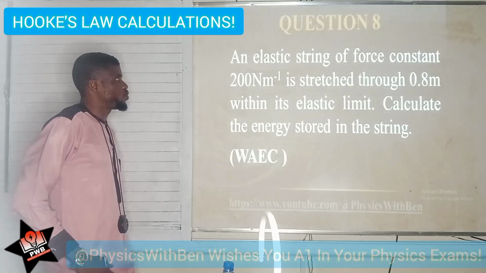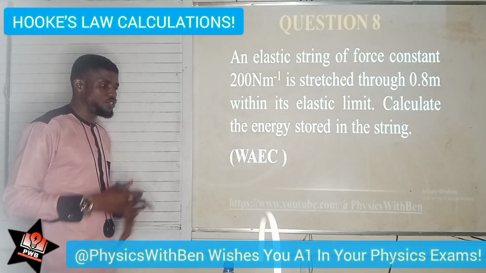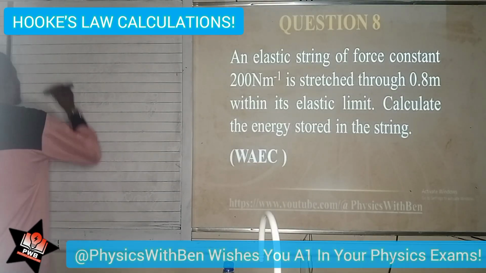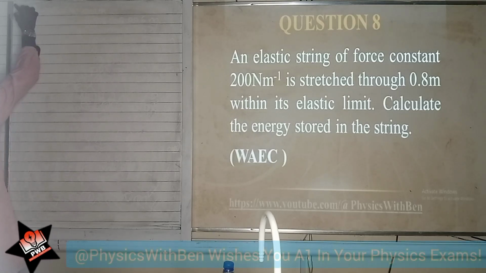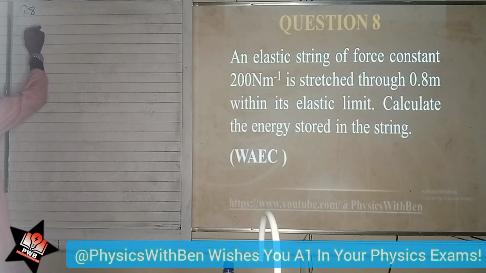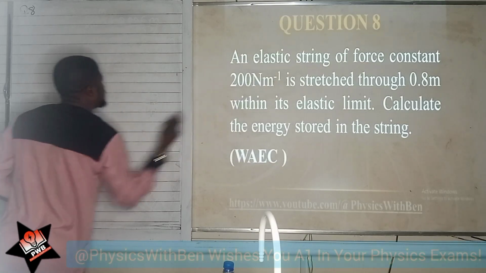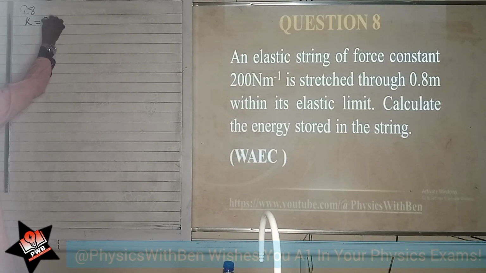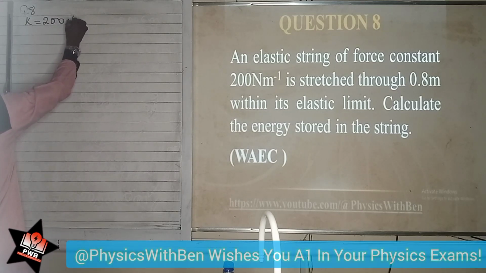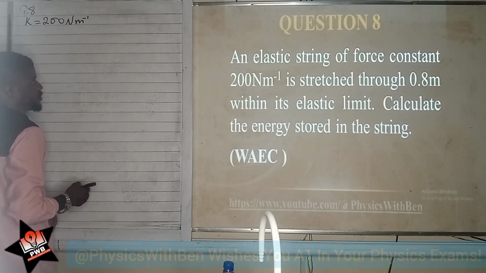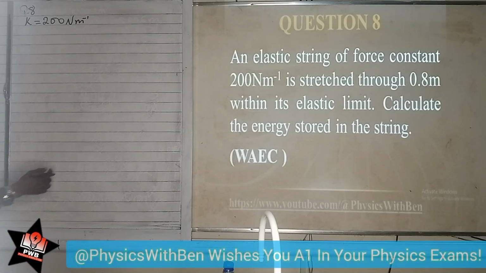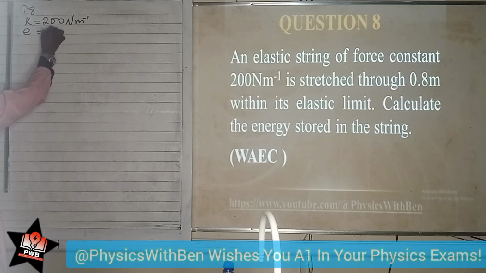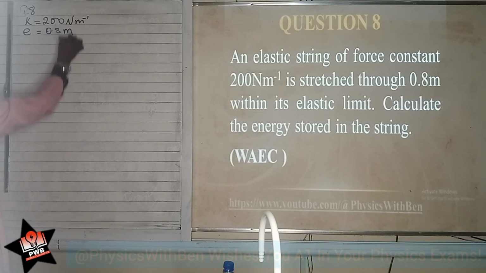The first thing we have to do here is to collect our data correctly. So we write that question number 8, the K of the spring is given to be 200 Newton per meter. And the extension E is given to be 0.8 meters.